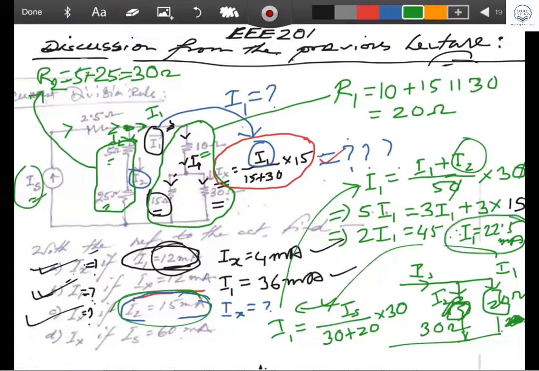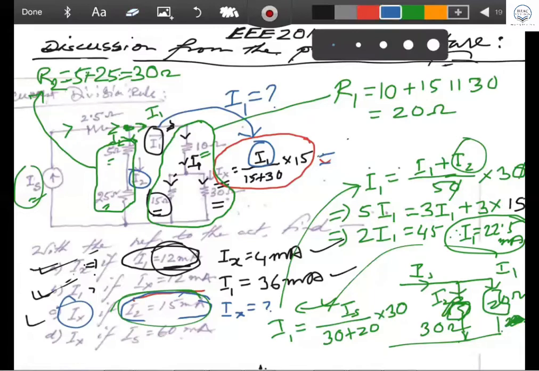As I said, our target is to find the value of Ix, right? Our target is to find the value of Ix. So to find it, we have to substitute the value of I1.